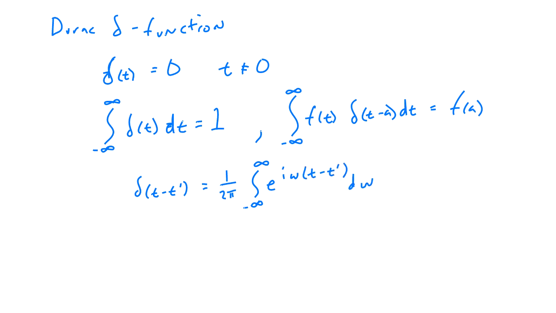The way this works is basically that you're going to cover all these different values of omega. And this e to the i omega term, as you know, is basically just cosine of something plus i times the sine of that something.